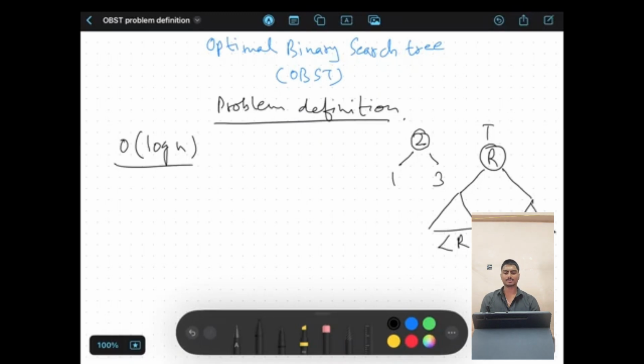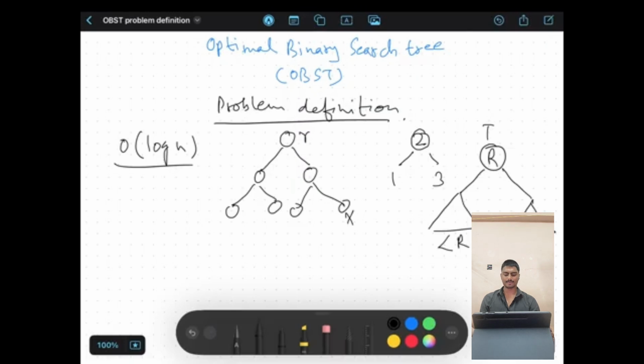This complexity comes when the search tree is balanced. So a balanced search tree is something like this. These are some of the basics of a binary search tree.